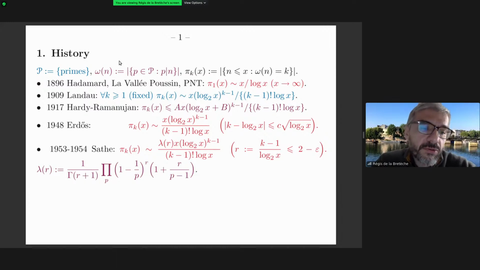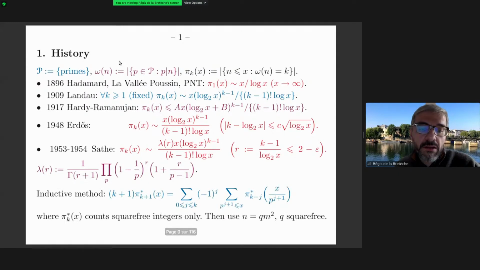So lambda is 1 over capital Gamma of r plus 1 and an Eulerian product. The Eulerian product is a product over p of (1 minus 1 over p) to the power r times (1 plus r over p minus 1). And so the equivalent is the product of lambda of r times the expected value, well, the equivalent in the Erdős result.